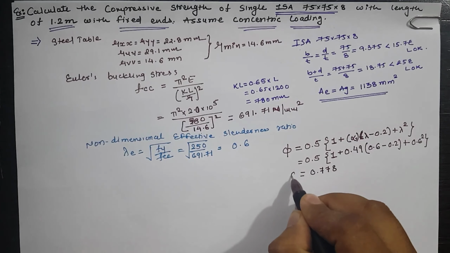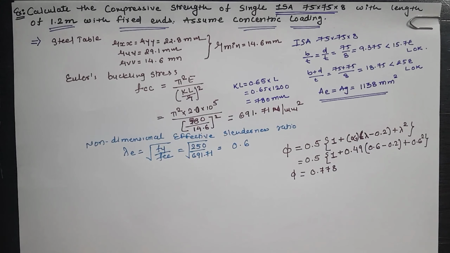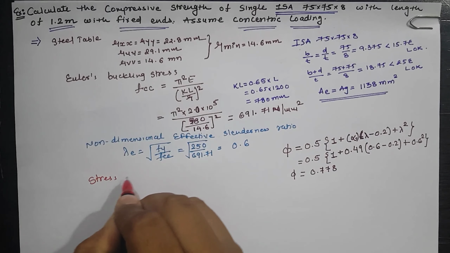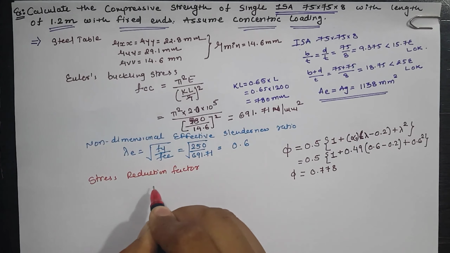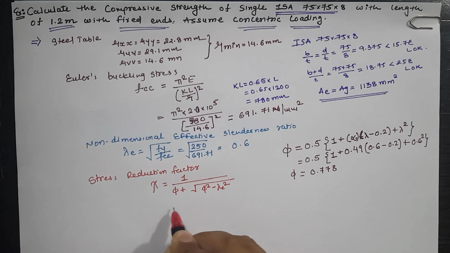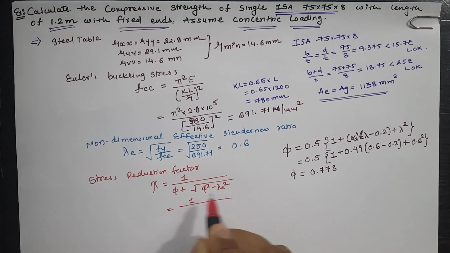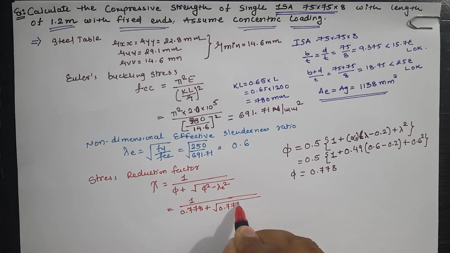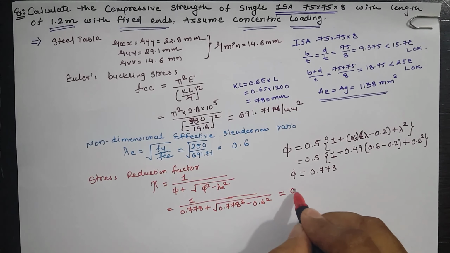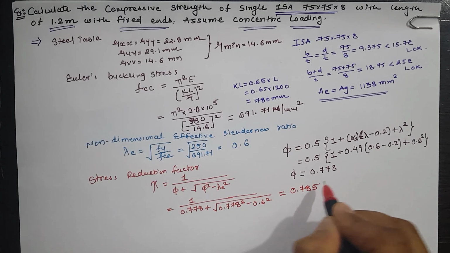Now calculating these values, we will have phi as 0.778. Now the next point is the stress reduction factor, chi. It is 1 divided by phi plus square root of phi square minus lambda square, that is 0.778 plus square root of 0.778 square minus 0.6 square, which is equal to 0.785.